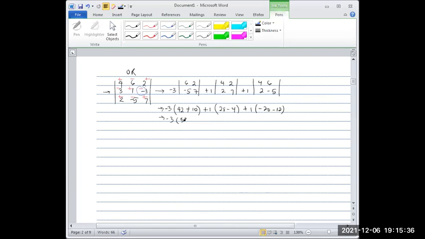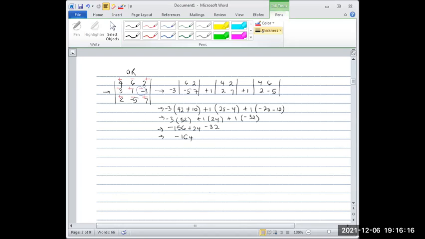Negative 3 times 52, plus 1 times 24, plus 1 times negative 32. 52 times 3 is 156, plus 24, minus 32. 156 minus 32 is 188. I'm going to subtract 24 from that. I'm going to get negative 164.